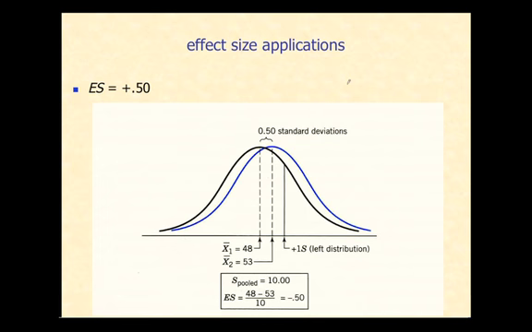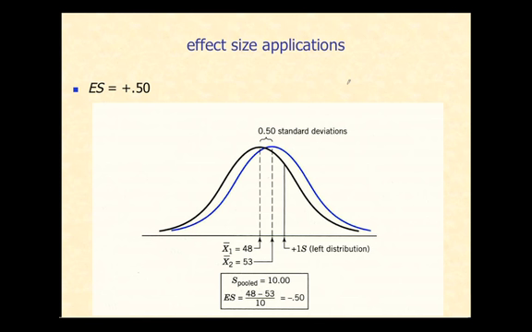In this case we have a mean for group 1 of 48, a mean for group 2 of 53, and our pooled standard deviation is 10. If we take our effect size formula, we take 48 minus 53, which is negative 5, and divide that by 10, which is 0.5, and in this case the sign is negative 0.5.